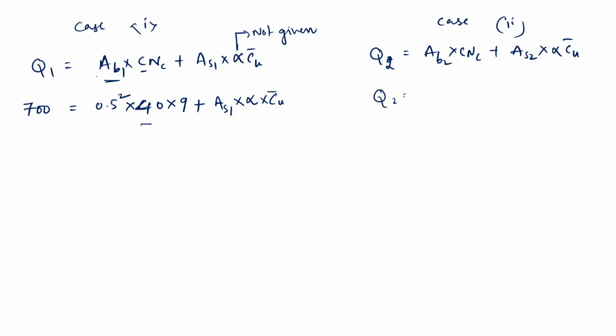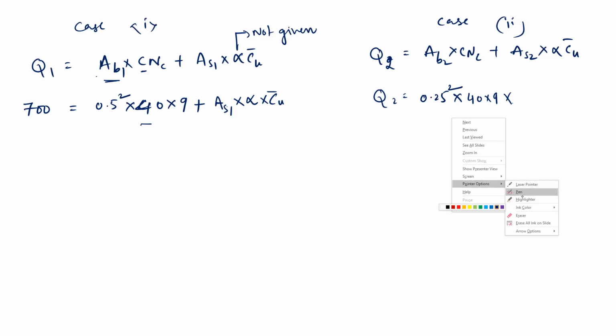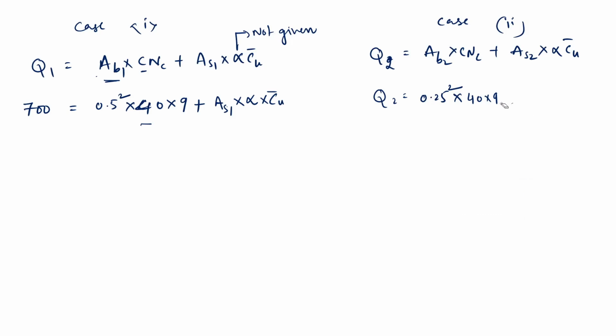Now again Q2. AB2 is 0.25 square, C is 40, NC is 9. Plus AS2 is nothing but AS1.